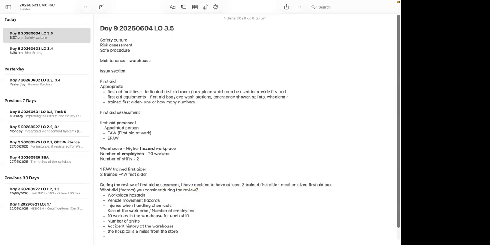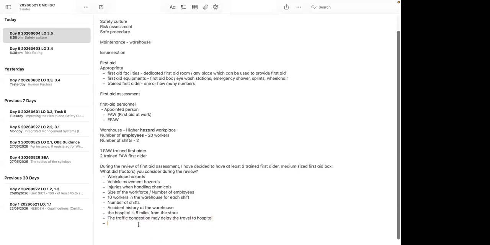And then, what if there is traffic? Even though the hospital is only 5 miles, because of the traffic there may be a delay in the emergency service arrival. So traffic congestion may delay the travel to hospital.